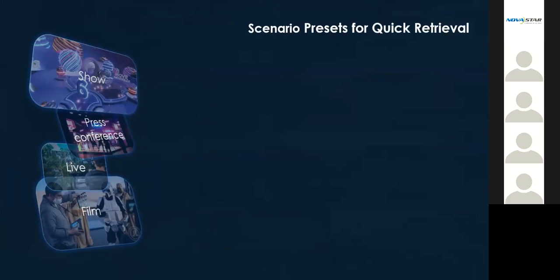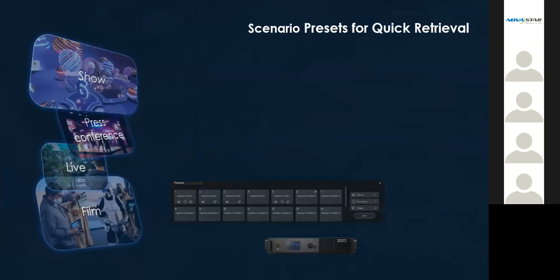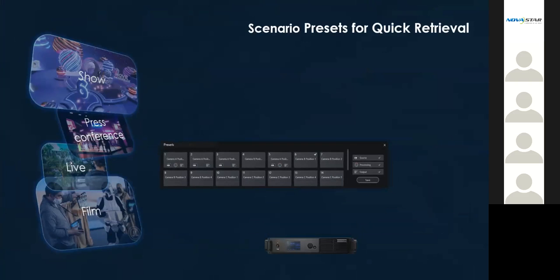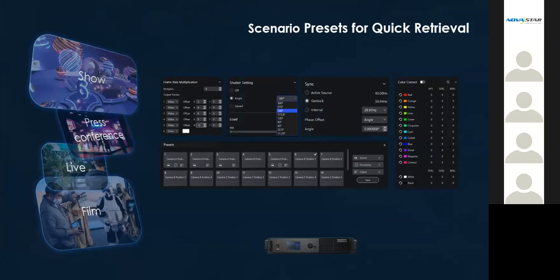More importantly, when it comes to different jobs, users can do all preparation work in advance and save them all into presets for quick review, including source adjustment, color processing, output parameters, etc. It is very convenient to operate and control on the spot. This is our scenario preset design.